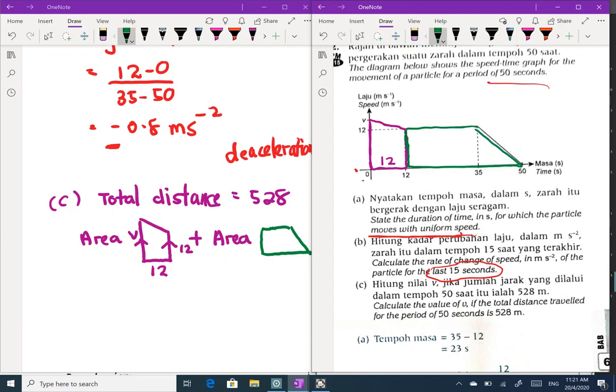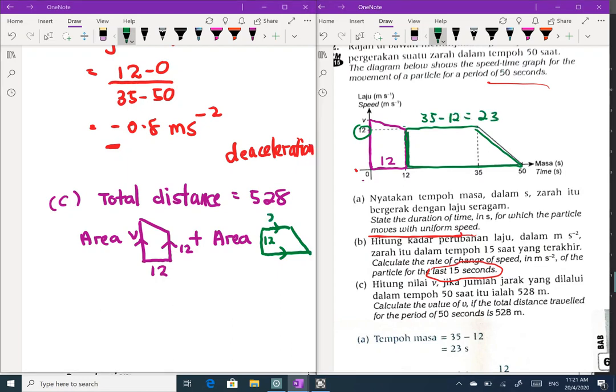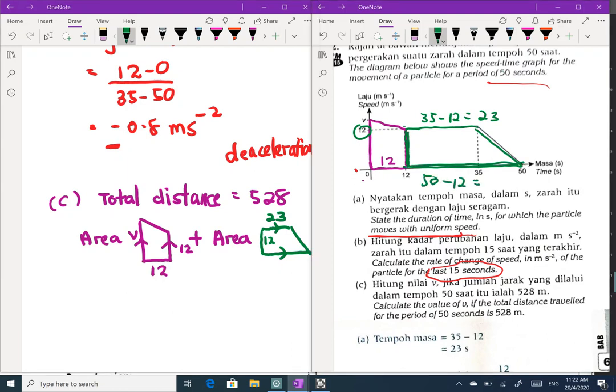So the height, this one is parallel. The height is 12. This one is 12. So this one is 35 minus 12, get 23. This one is 50 minus 12, so you get 38.